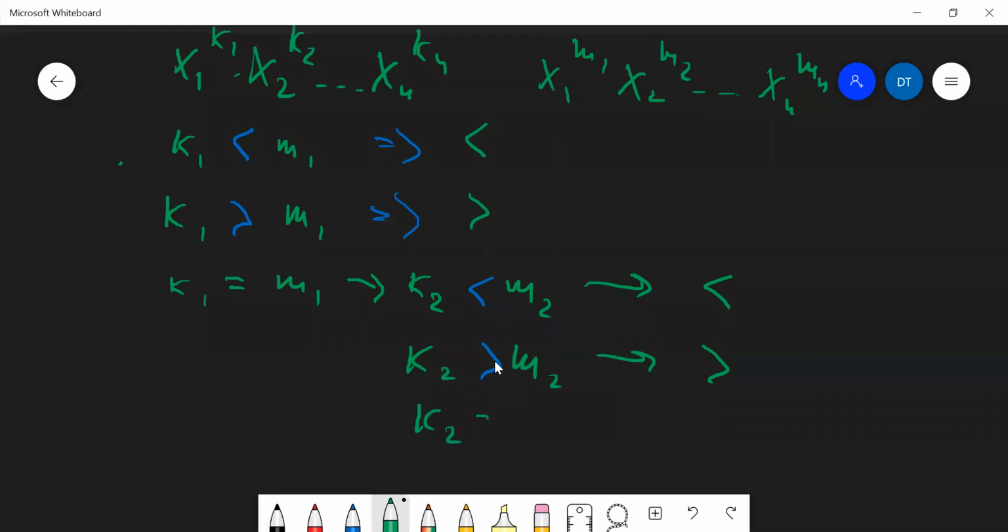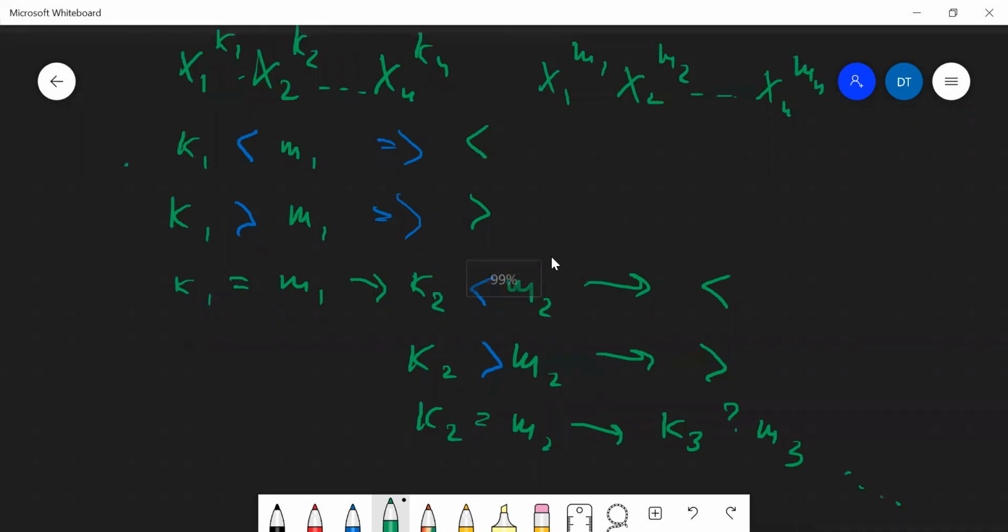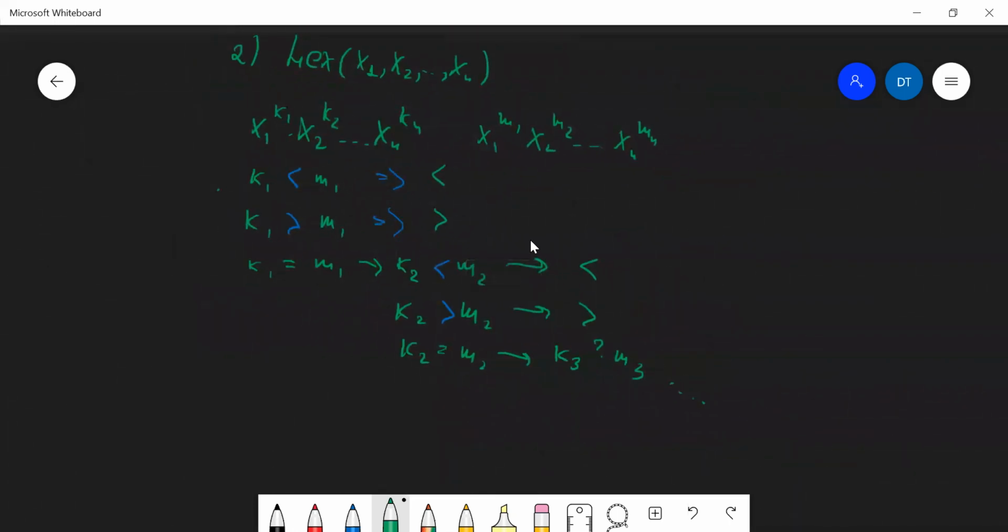And if they are the same, I switch to the next pair of degrees, k3 and m3, etc. So this is how I can proceed in a similar way. And at the end, either I determine that this monomial or this monomial is greater than the other one, or all the degrees will be the same.